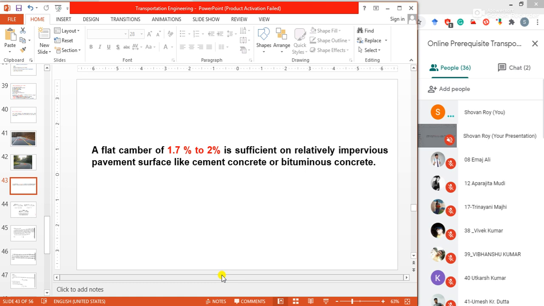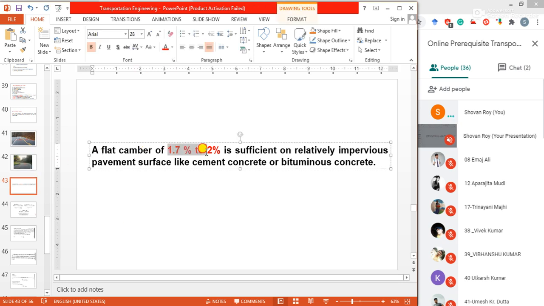In that case the camber should be steeper. Such values are not available for earthen roads, only for impervious pavement surfaces. Just mention that the camber or the rise portion should be steeper.